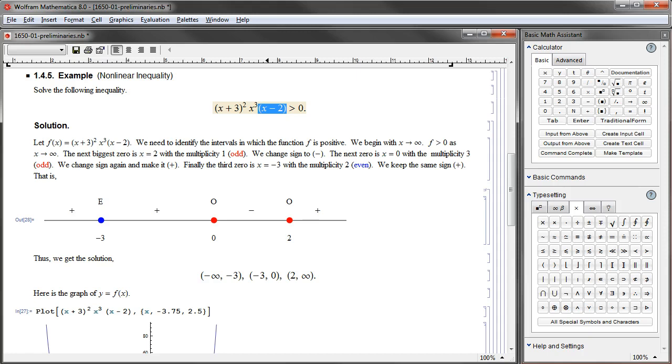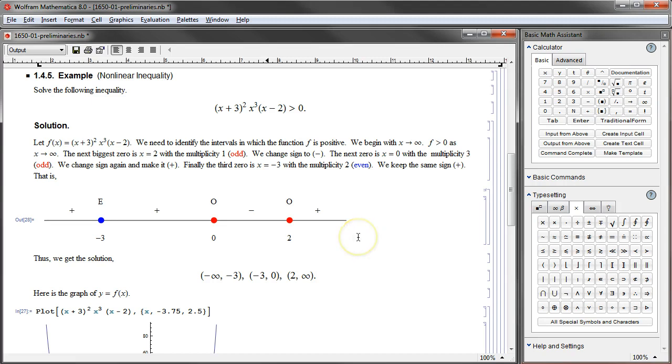Starting from the right-hand side end, when we have a big number, this expression is always positive. So we have positive on the right-hand side of this diagram. Now what we do, we cross the right-hand zero, x equals 2.